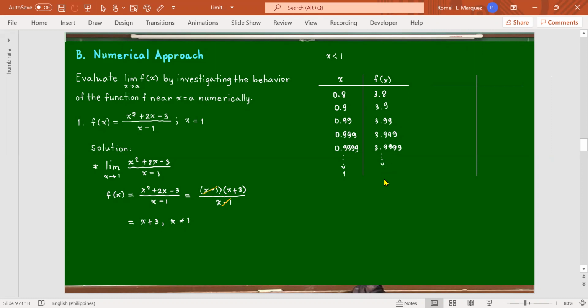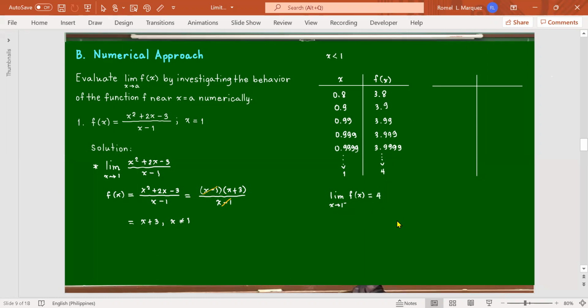Now we can conjecture that as x gets closer and closer to 1, the values of f of x get close to, what do you think, guys? 4, no? So that means the limit of f of x, our rational function, as x approaches 1 from the left, is equal to 4, based on this observation.